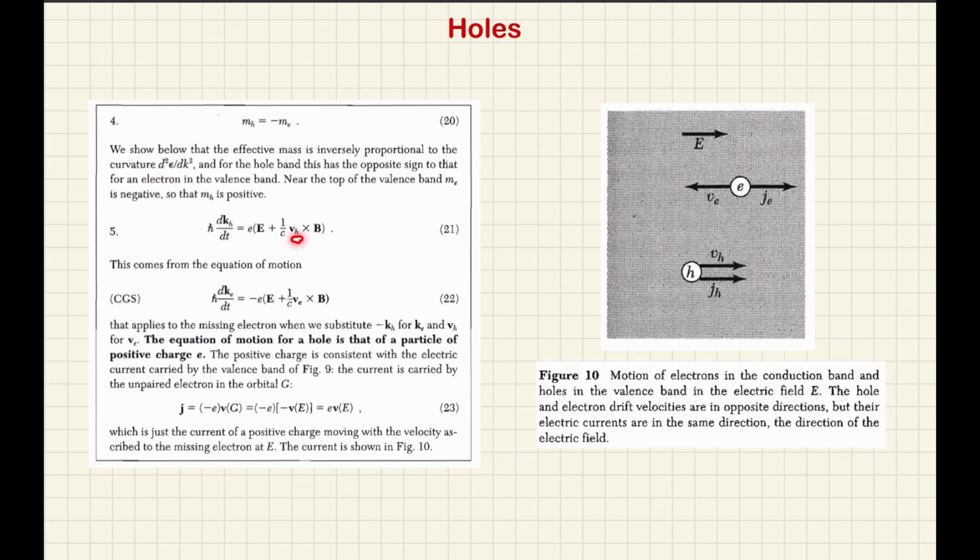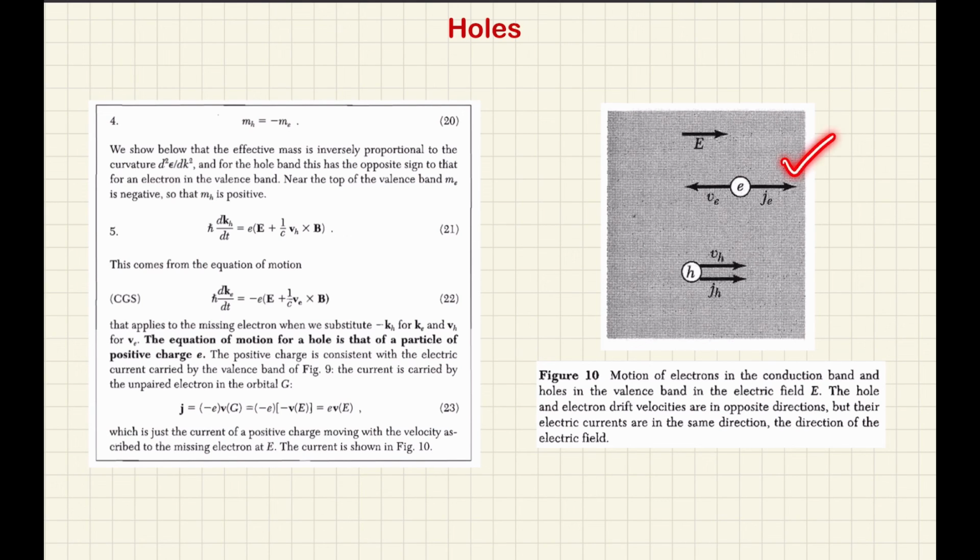Then v is the velocity of the hole, B is the magnetic field, and kh is equal to minus ke. For the electron, which has negative charge, you can write the equation of motion in this way.